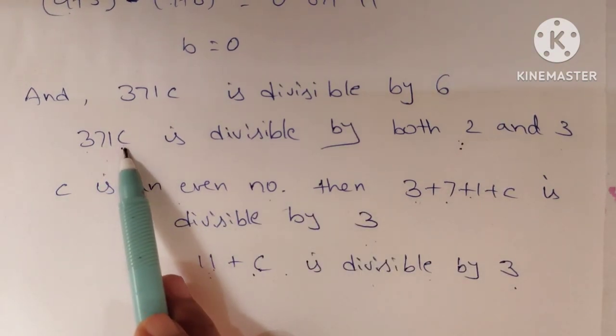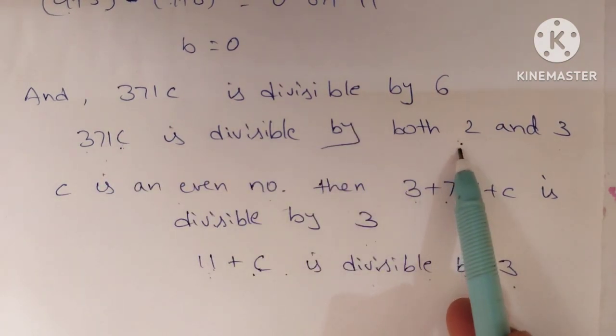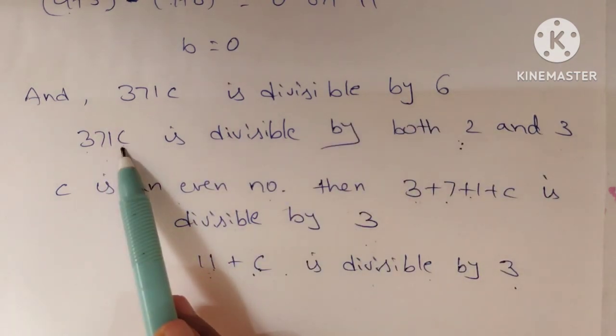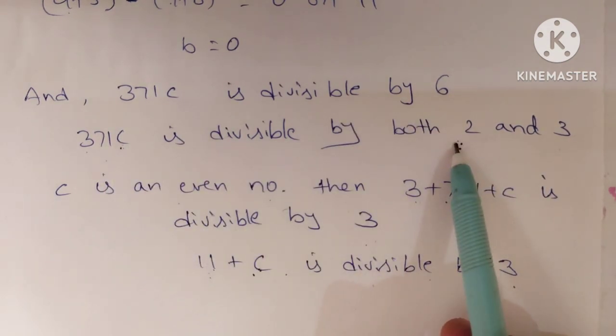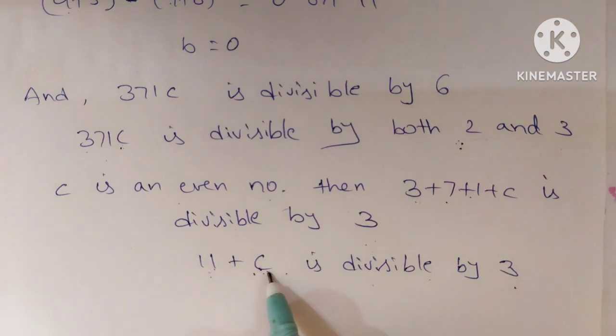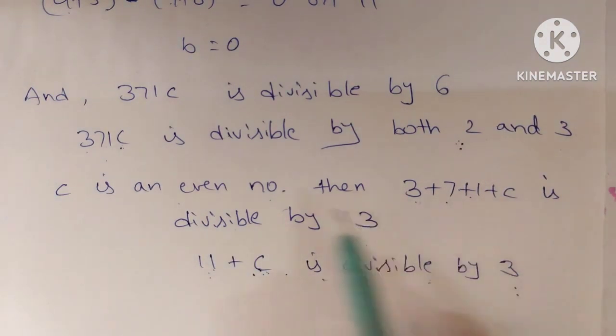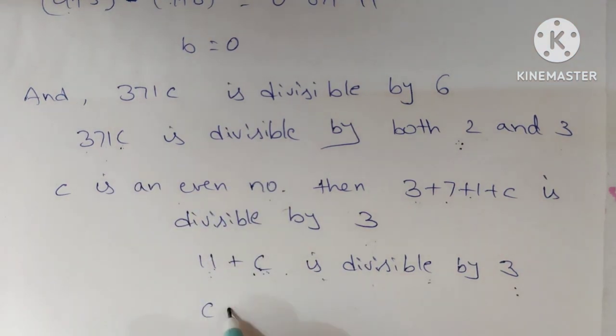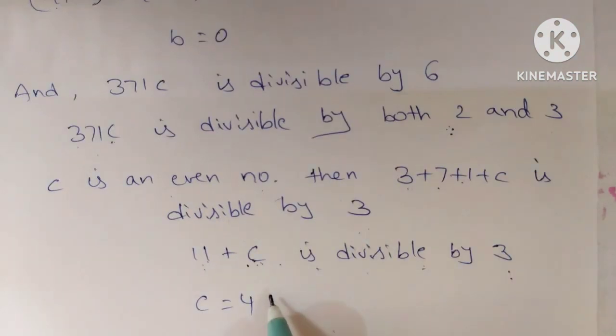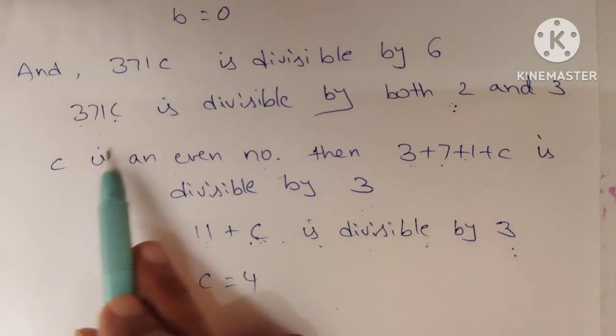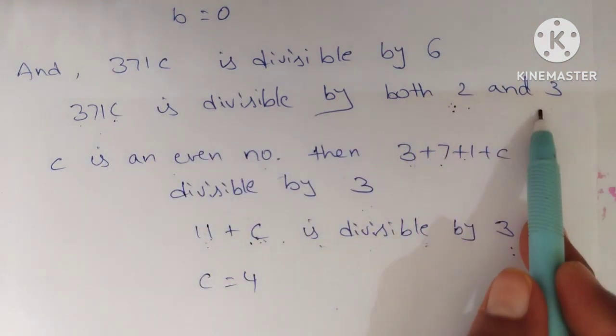So 13 is not divisible by the 3 table. Instead of C, we put 3. 3 means it is not divisible by the 2 table. So 4. 4 means it is divisible by the 2 table, and 11 plus 4 is 15. So 15 is divisible by 3. So the C value is 4. If we put 4, the condition is satisfied for both 2 and 3 tables.